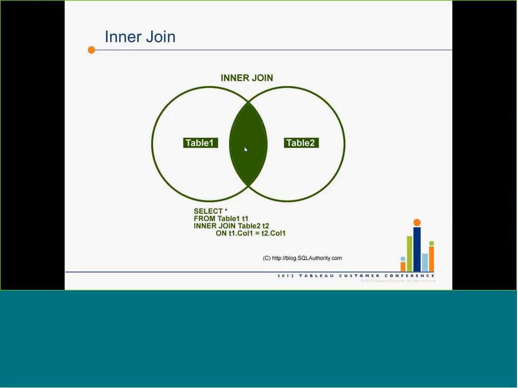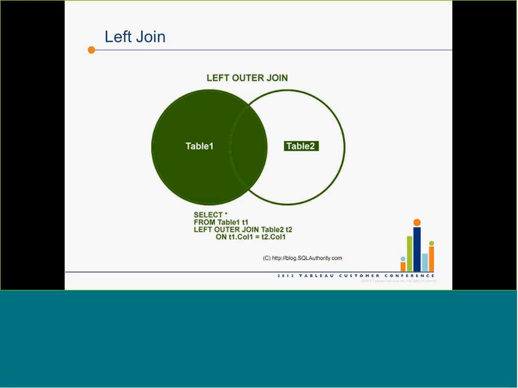What we're going to get as a result using the inner join is categories 2 and 3. And down below is an example of that, if everybody can see: select from table 1 inner join table 2 on table 1 column 1 equals table 2 column 1. And what that does is it creates the reference between the two tables.